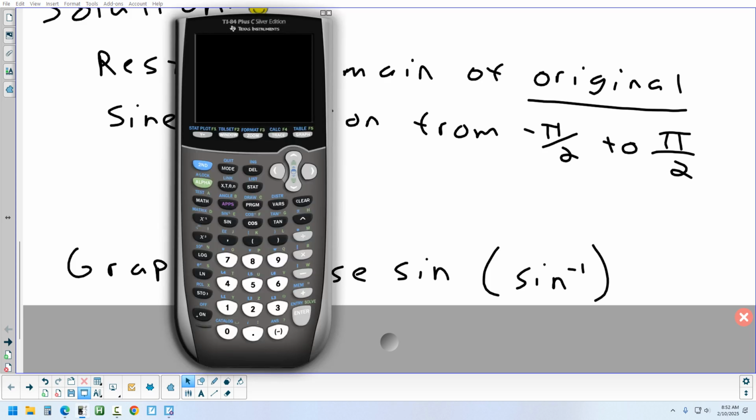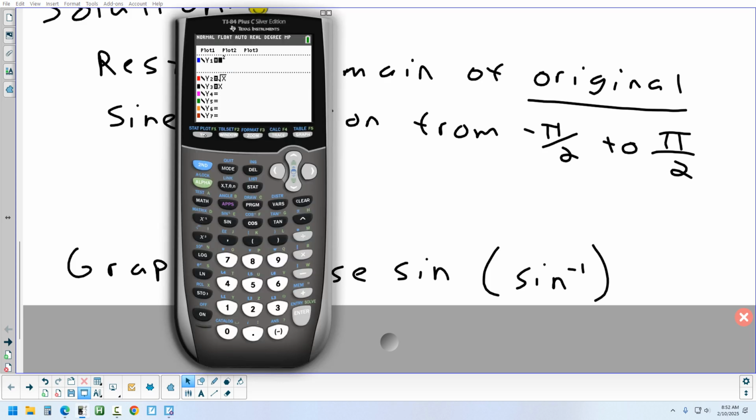All right, so let's draw this. I am going to do it in radians. I'm going to type in second inverse sine. I'm going to do zoom 7.